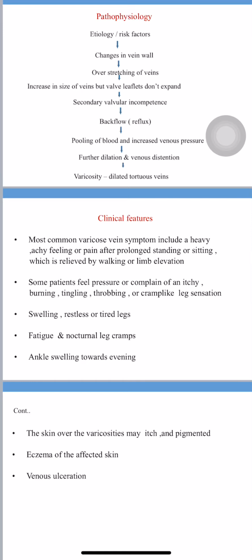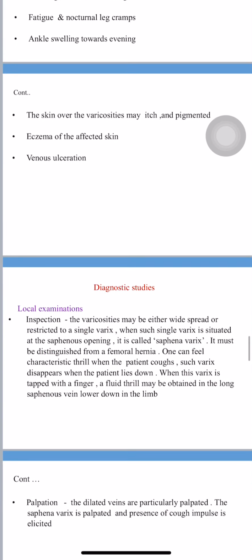Other symptoms are swelling and restless or tired legs, fatigue or nocturnal leg cramps, and ankle swelling towards evening. Another feature is skin over the varicosities which may itch and be pigmented, and then eczema of the affected skin and venous ulceration. So these are the clinical features of varicose vein.